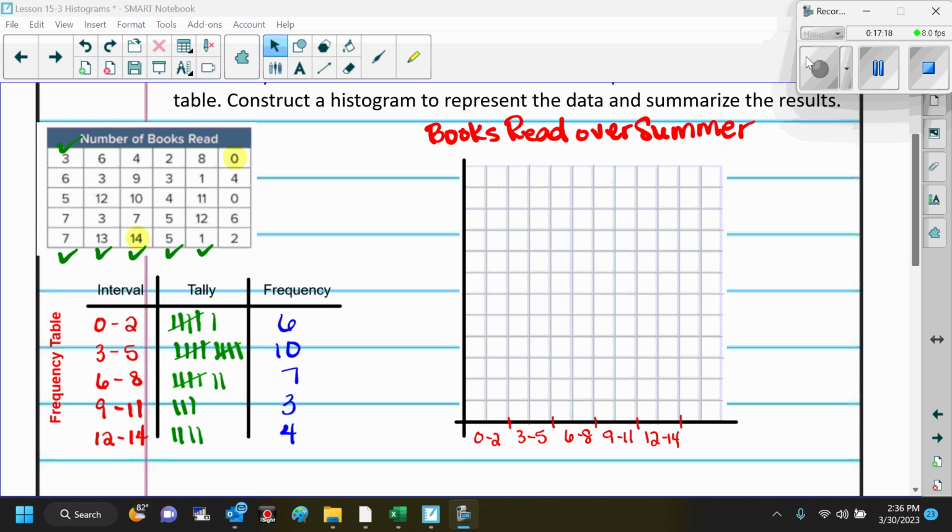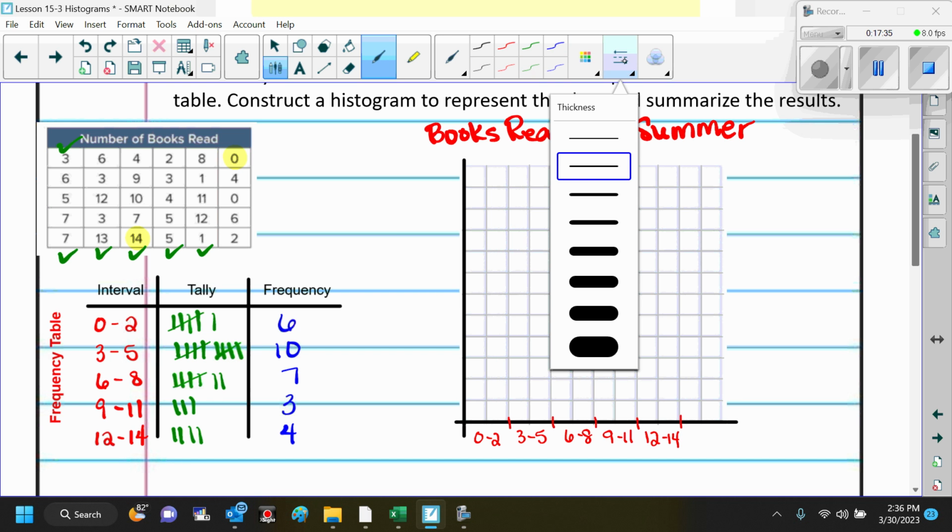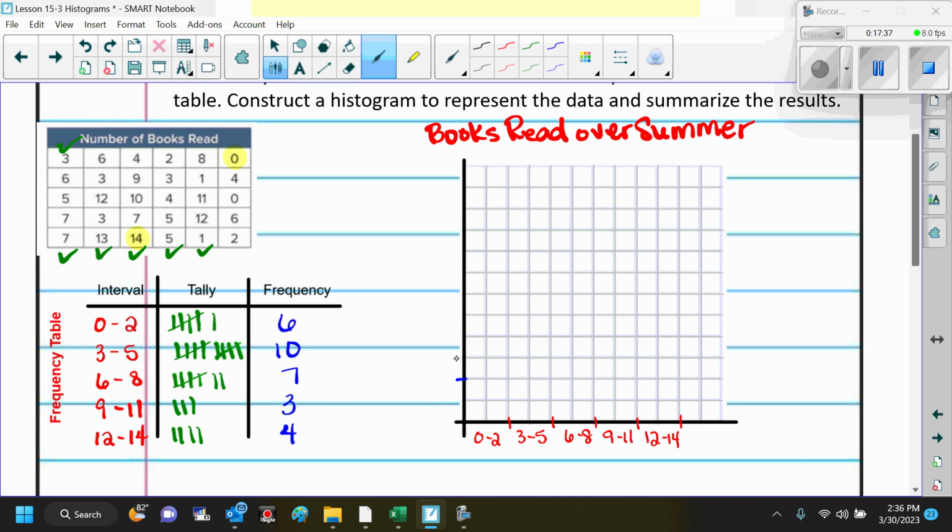So now you can see for the frequencies, the lowest number is 3, the highest number is 10. So I guess we can count by ones. We have enough space on our graph. So here, this is 2, 4, 6, 8, 10.